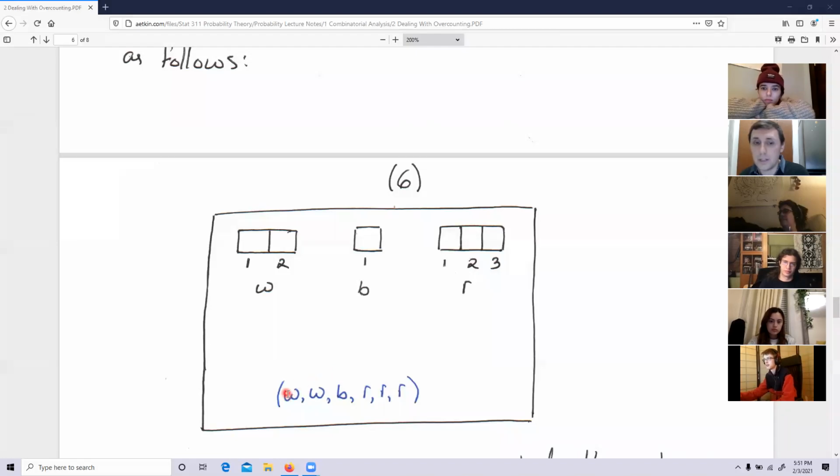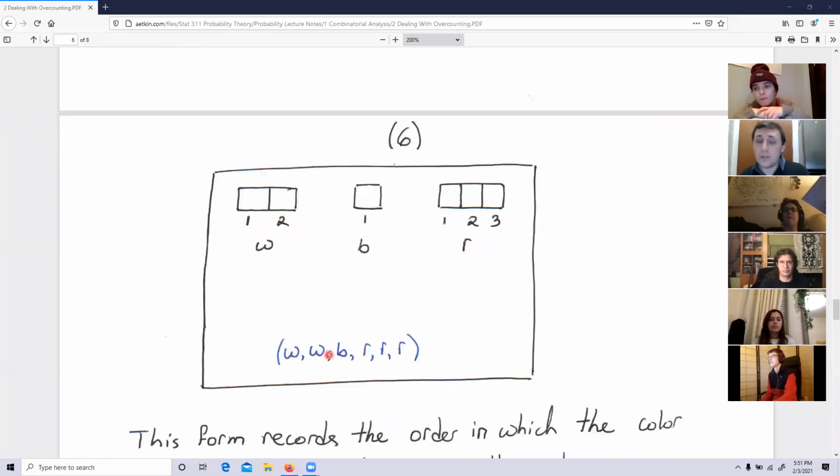So for example, imagine printing out documents containing every particular distinguishable pattern where you see white, white, black, red, red, red, and any rearrangement of those. Let's say maybe black, white, red, red, something like that, right? So any such document. Then I can note the order in which the whites appear among themselves, the order in which the blacks appear among themselves, and the order in which the reds appear among themselves.